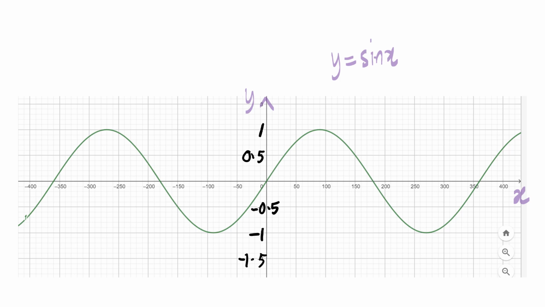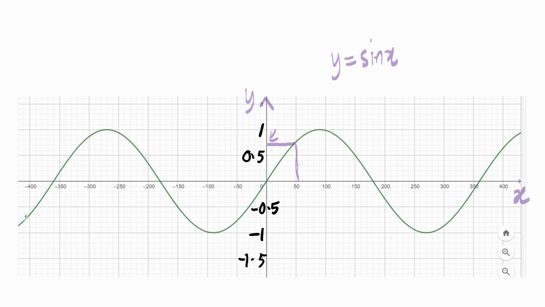For example, if your angle is 50 degrees, you draw a vertical line and then from there project it to the y-axis. That will be the value for sine 50.